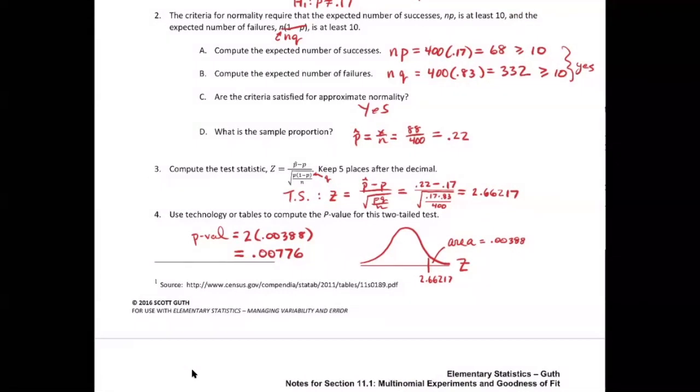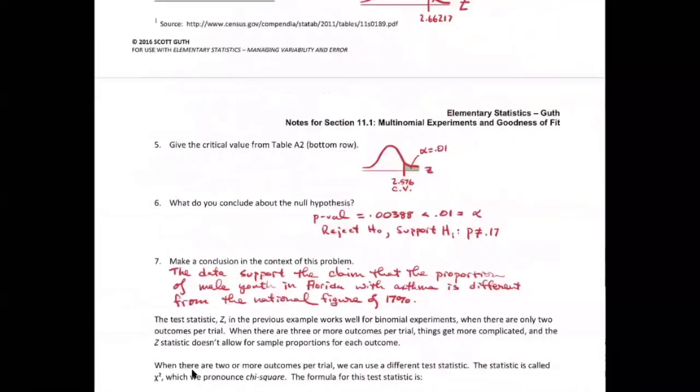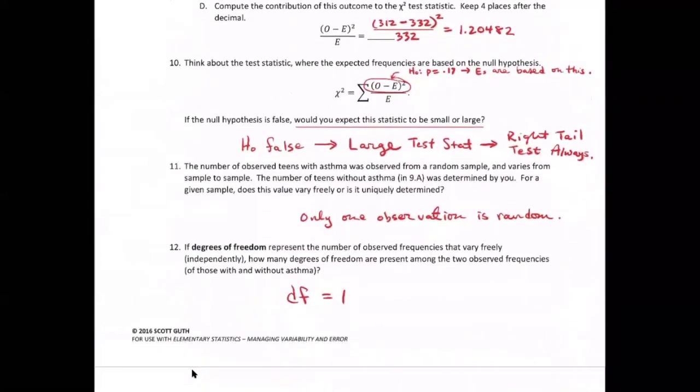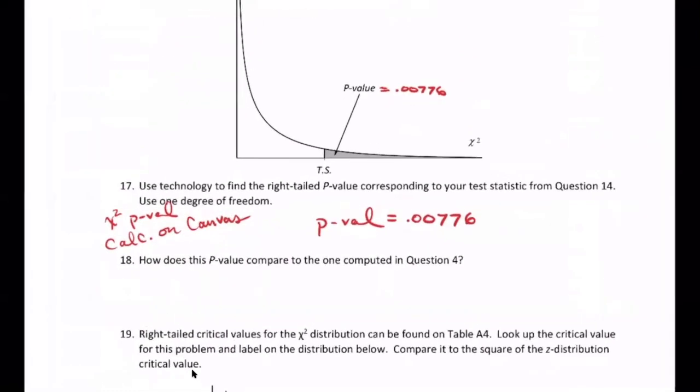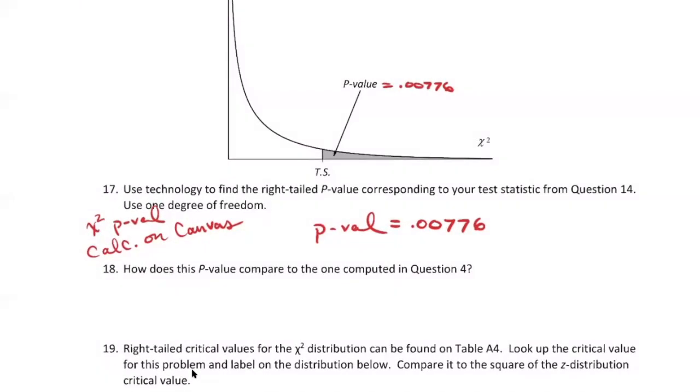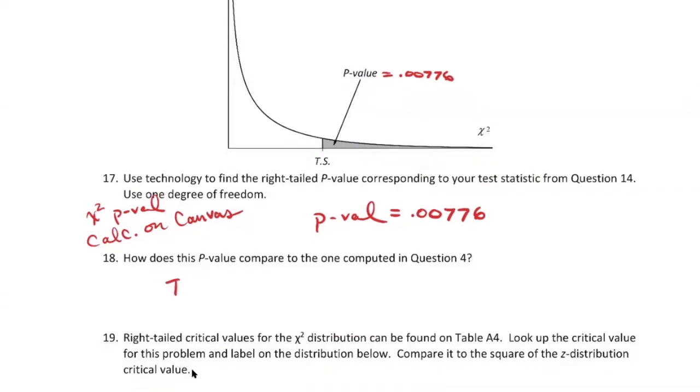Now that we did it, right? 0.00776. It's identical. Okay. So how does it compare? These are identical.